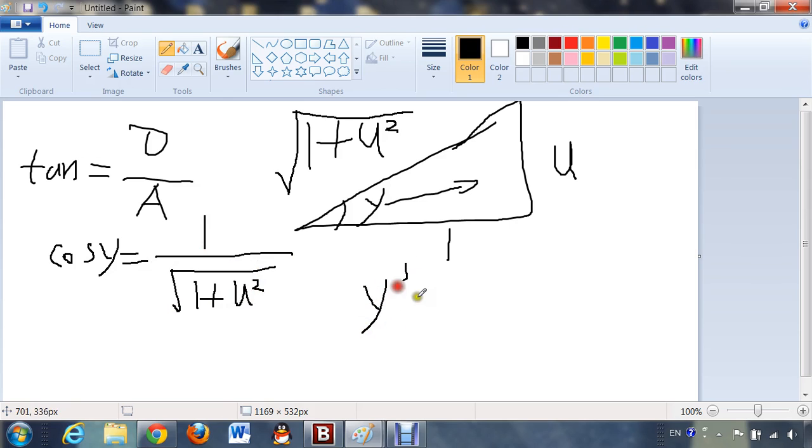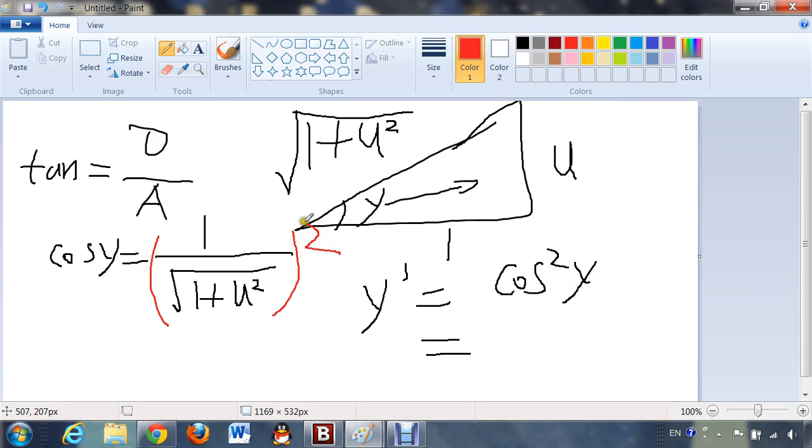But y prime is equal to cosine square y, so if we square the cosine, the final answer becomes 1 over 1 plus u squared.